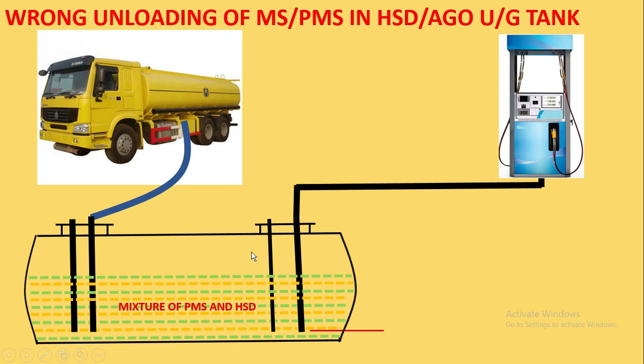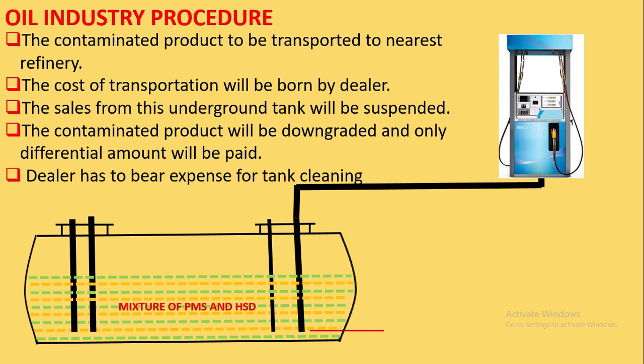Now let us see what the government regulations say if you run into such a situation. The oil industry procedure, which is clearly described in the MS HSD Control Order and Marketing Discipline Guidelines, says the contaminated product is to be transported to the nearest refinery.